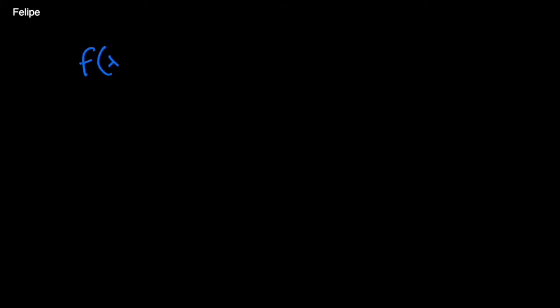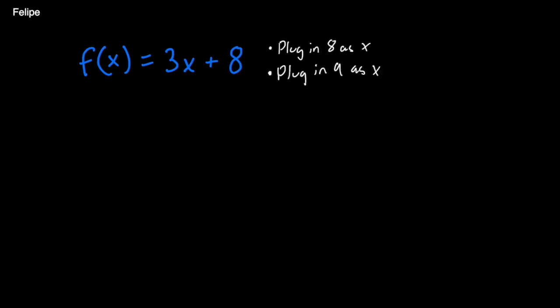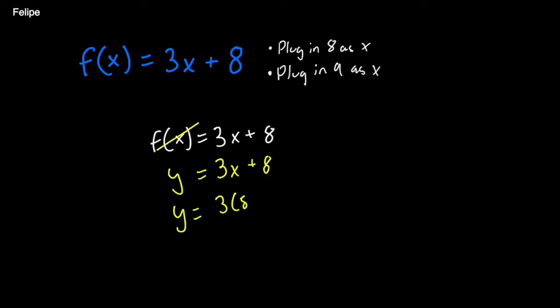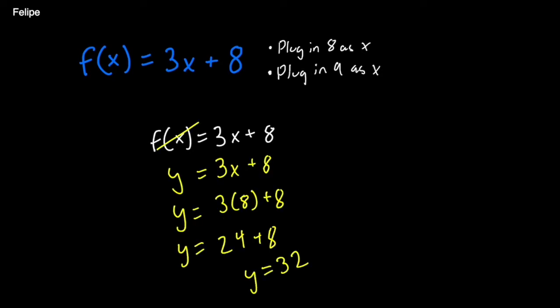Let's look at a function and see how this would play out. f of x equals 3x plus 8. Plug an 8 and a 9 into the function. Let's think about this. We're inputting the number 8 and the function outputs a 32.